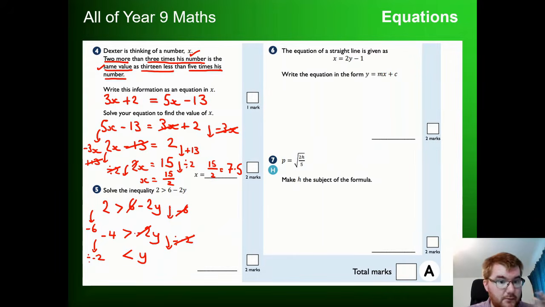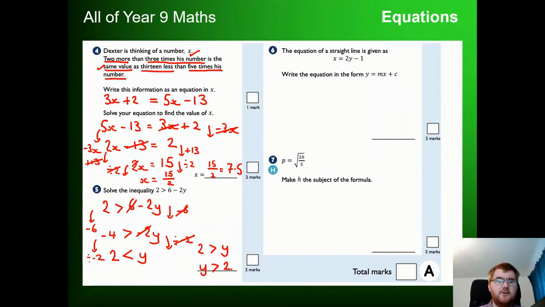That's really, really important. So minus 4 divided by minus 2 on the other side gives us positive 2. And generally we can either write the answer as 2 is greater than y, so that would be acceptable, or you can write it the other way round and give yourself y is greater than 2.